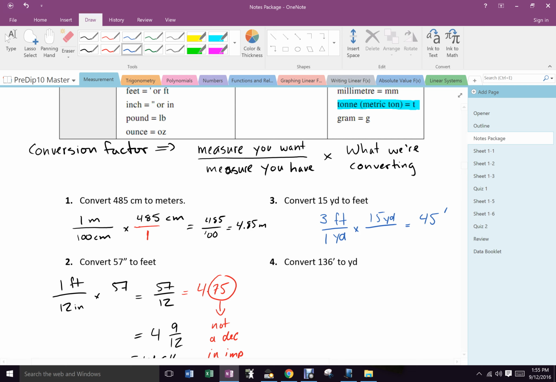Everyone's cool? And this one, inches to yards. So I want yards, yards on top, inches on the bottom. I go to my chart. I see it's 1 yard for 36 inches times 136, which gets me 136 over 36. Do I need to go to my calculator for that?